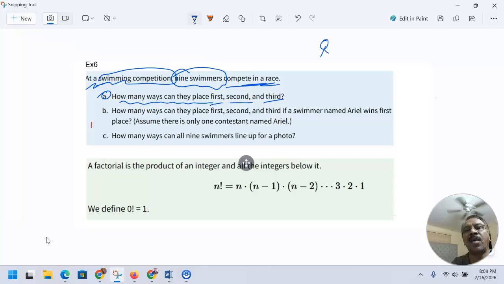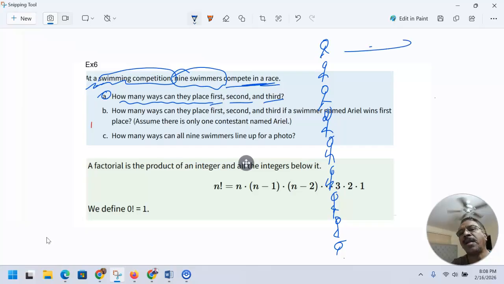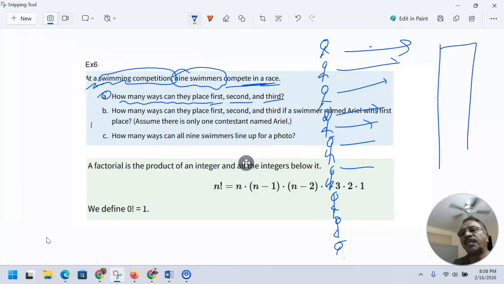So 9 means 1, 2, 3, 4, 5, 6, 7, 8, 9. When they race, there will be first, second, and third place. So the question is, how many ways can this be possible?